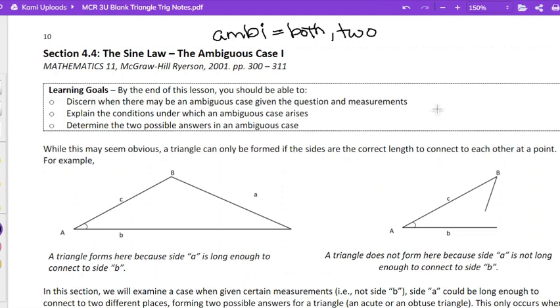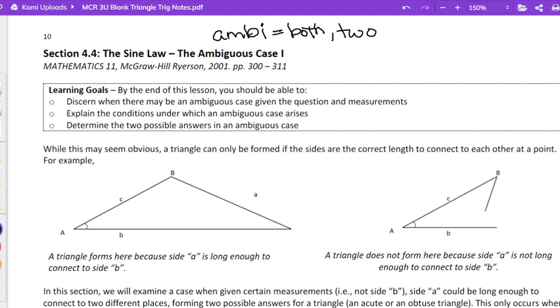Okay? So, what we need to do today is discern when there may be an ambiguous case in the question. The first thing we're going to learn is how to check if this is an ambiguous case where there are two possible answers. Not all triangles have two possible answers, so first we have to figure out what kind of triangle it is.